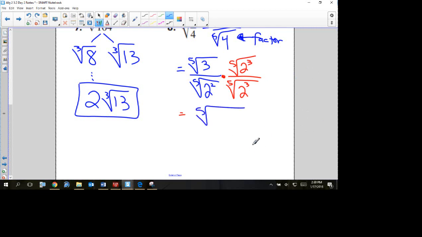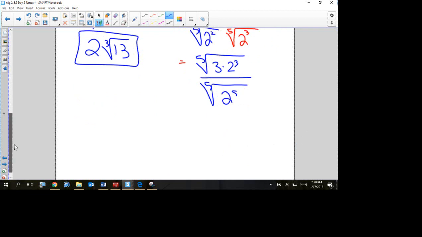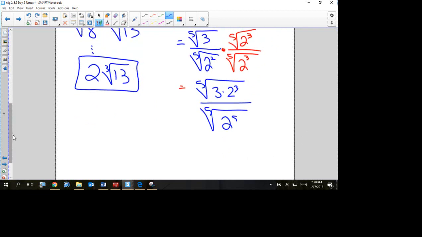We get the 5th root of 3 times 2 to the 3 over the 5th root of 2 to the 5th. So on top I get the 5th root of 24. On the bottom, 2 to the 5th root is just 2.